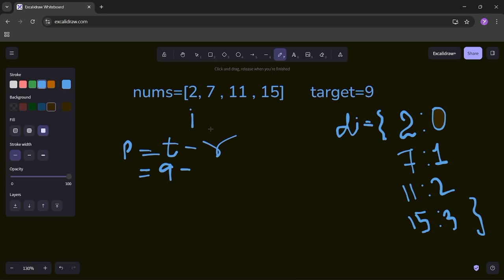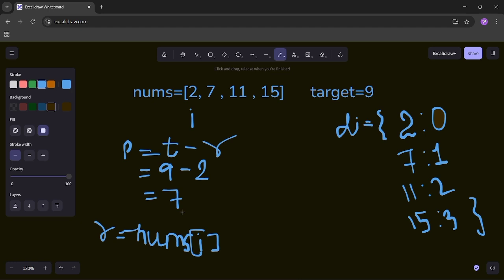So here I'm going to define r equals nums of i, right? So here I'm going to subtract: 9 minus r, meaning the first element 2, is going to be equal to 7.